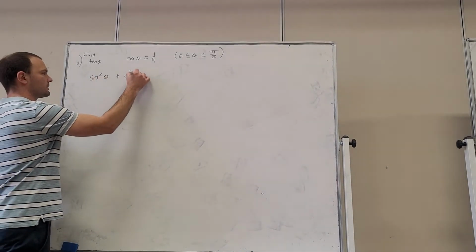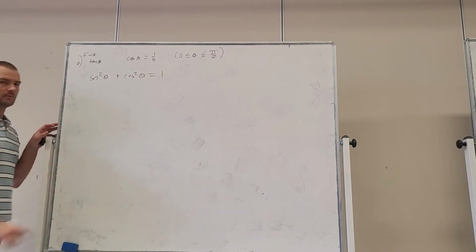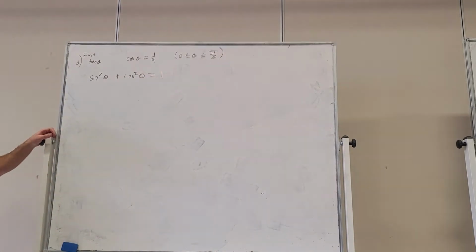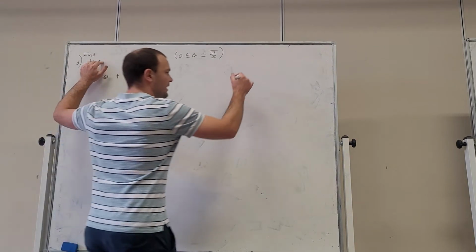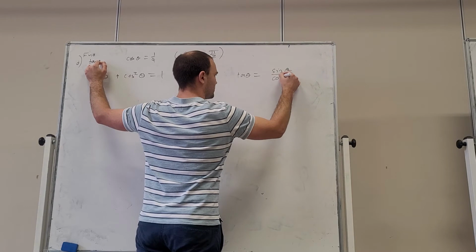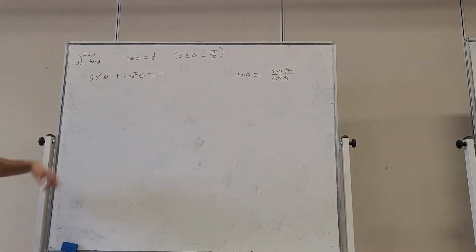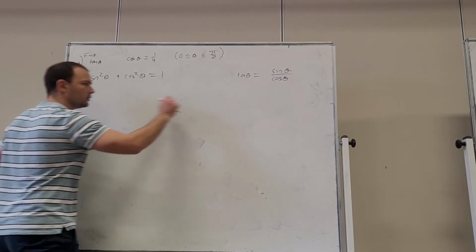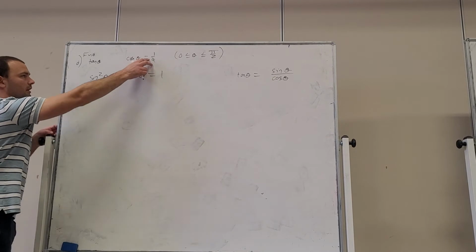We've got sine squared theta plus cos squared theta is 1. So we're going to rearrange this to get sine theta. Now we're asked to find tan theta, aren't we? But tan is sine on cos. So if we're asked to find tan theta, first we need to find sine. We're going to find sine, and we're going to use that to find tan. So let's plug in cos.